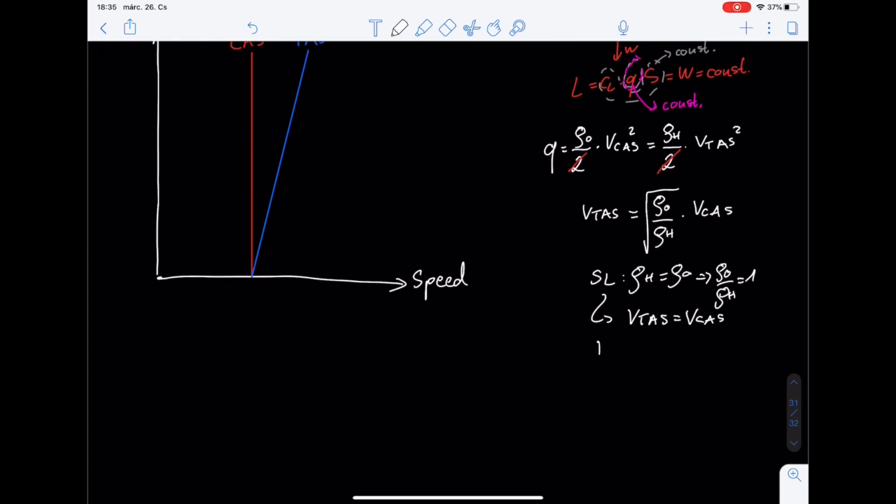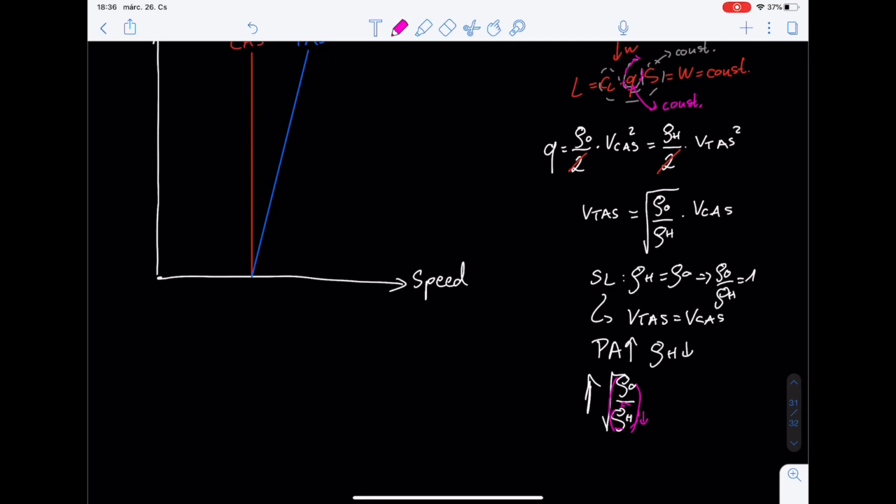However, as pressure altitude starts to increase, the density starts to decrease, so therefore the rho 0 over rho h under the square root would start to increase, right? Because the denominator starts decreasing, so the entire expression starts increasing.